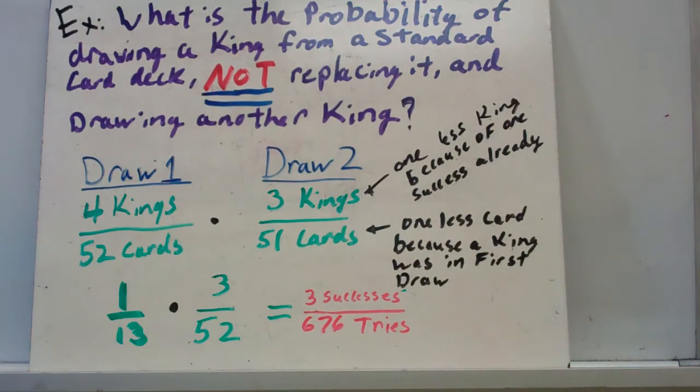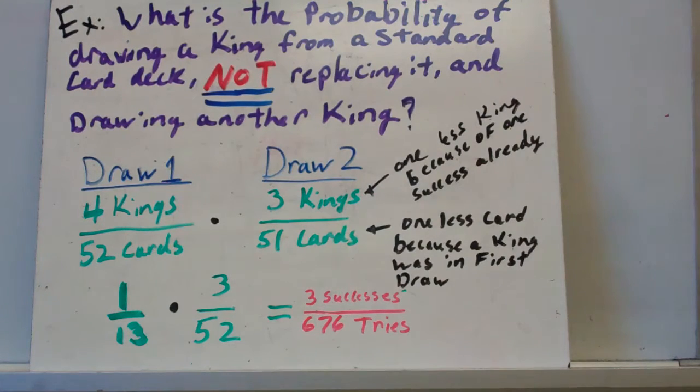Again, we look at our cards. On the first draw, I have 4 kings out of 52 cards, which would be a 1 in 13 probability. And if we look at our next draw, we have only 3 kings left and only 51 cards.